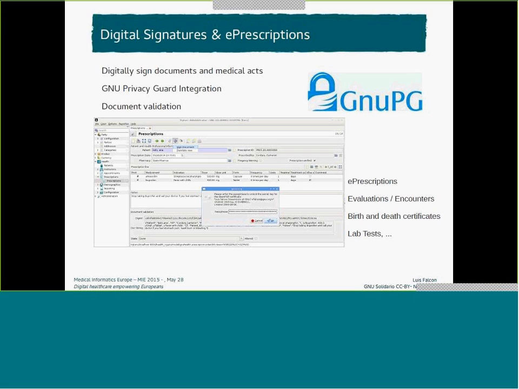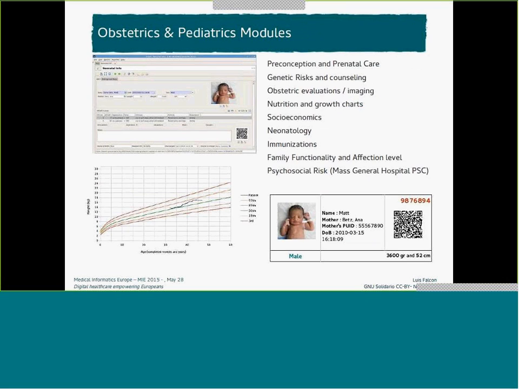In this slide, we are just showing the concept of modularity, where we have one of the modules that deals with obstetrics and pediatrics. And you will try to start from the preconception, in mind prior to pregnancy.